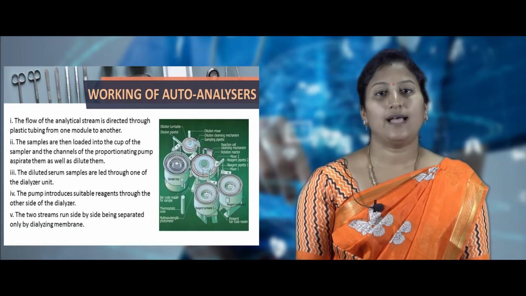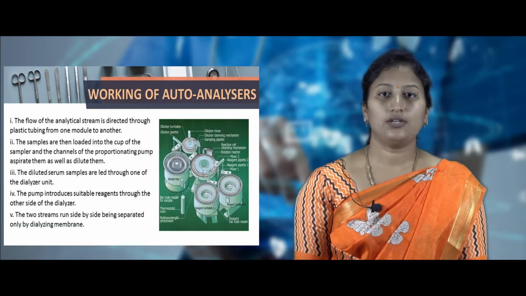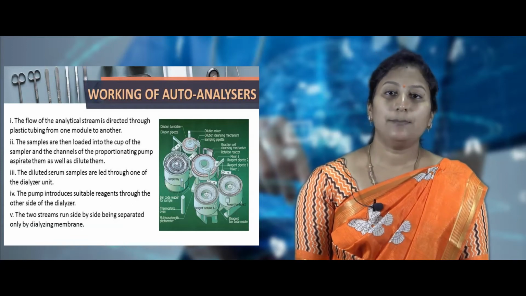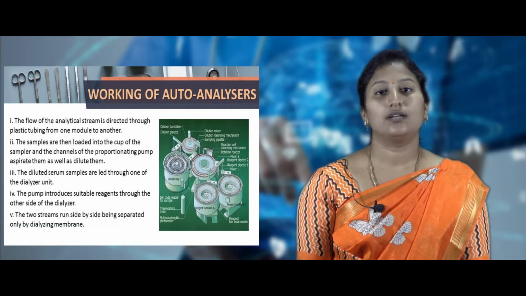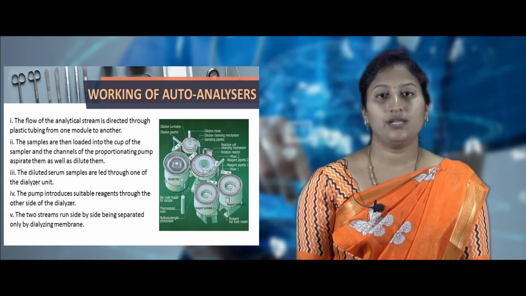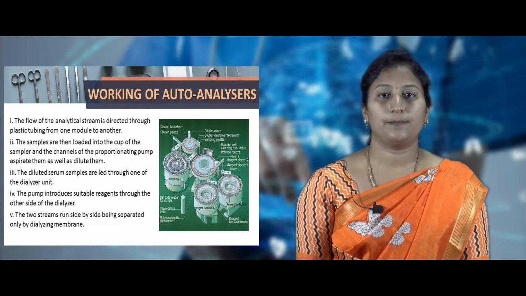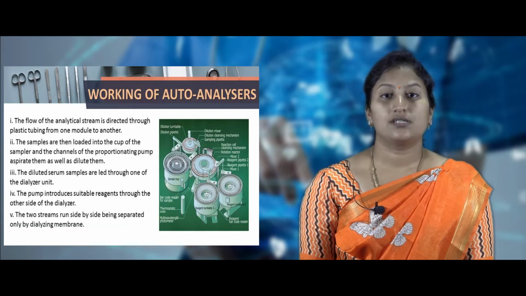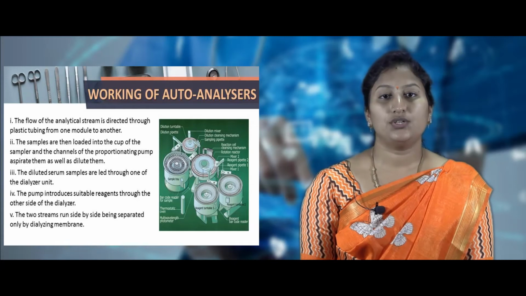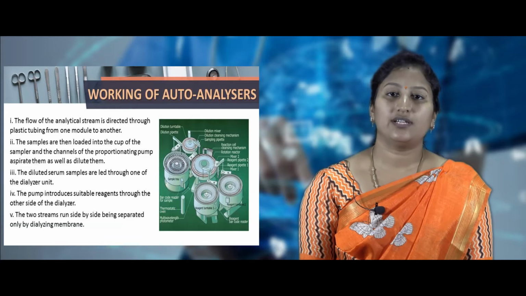The flow of the analytical stream is directed through plastic tubings from one module to another. The samples are loaded into the cup of the sampler and the channels of the proportionating pump aspirate them as well as dilute them. The diluted serum is run through the dialyzer unit and the pump introduces suitable reagent through the other side of the dialyzer.